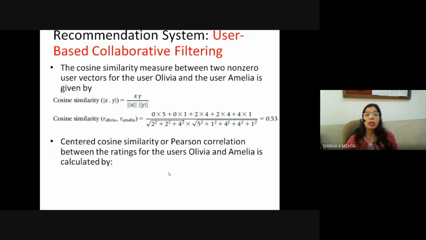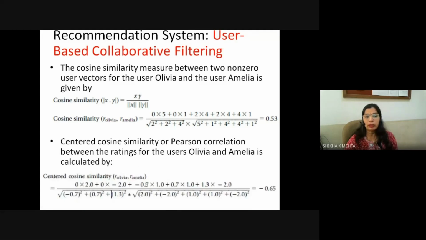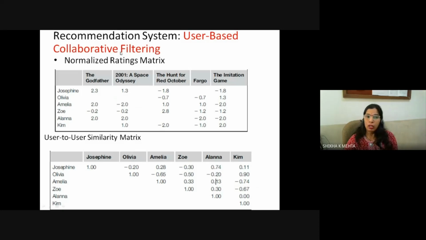Then we use the centered cosine similarity or Pearson correlation between the ratings for the user Olivia and Amelia. So we are computing the centered cosine similarity over here, right? We are computing the Pearson correlation. We can use different metrics for computing this. After that, we compute the normalized rating matrix, and this is how it comes up, and the user to user similarity matrix.